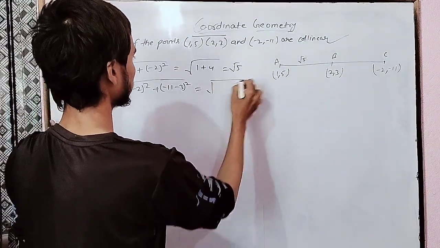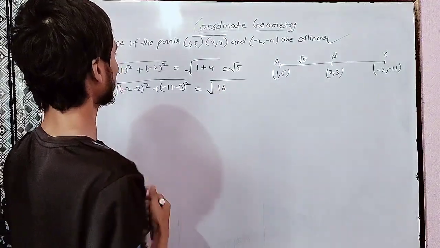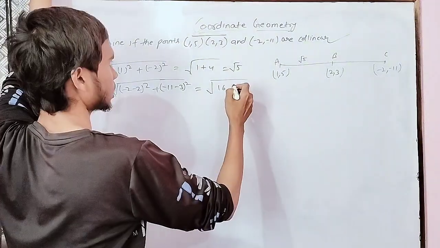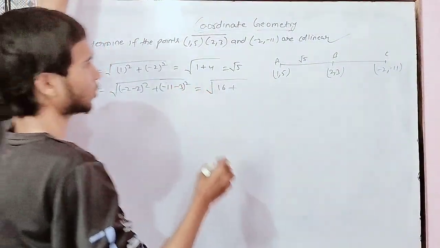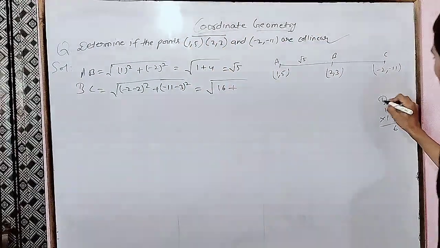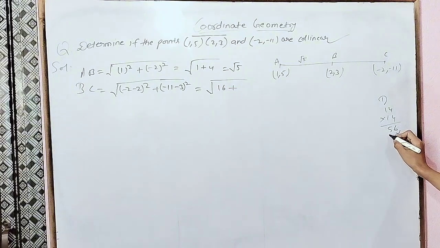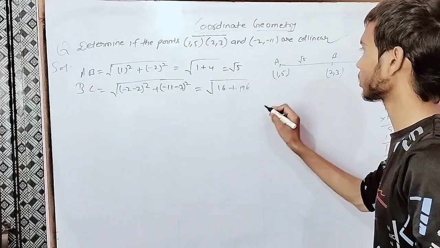So it will become 4 times 4 is 16, plus 14 times 14 is 196.